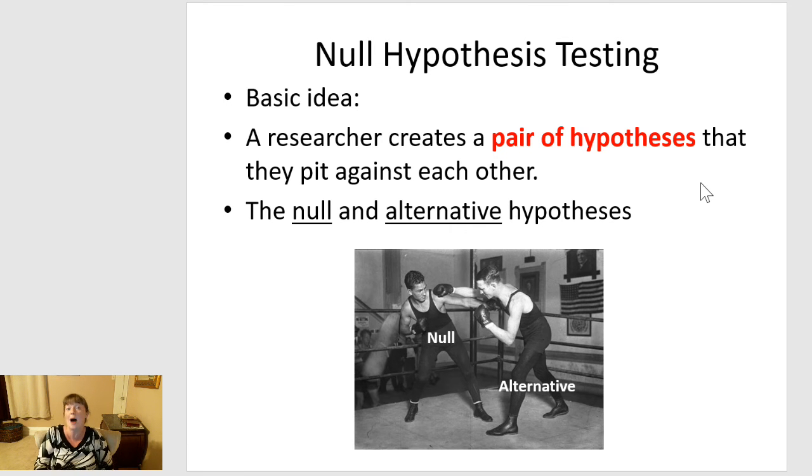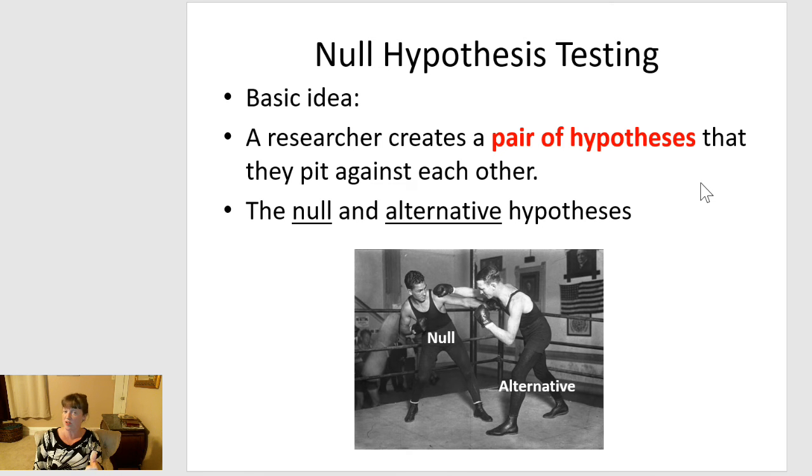You're testing the opposite of what you think is going on. And so your research hypothesis becomes the alternative, your awesome alternative to that boring null hypothesis that you're hoping to get rid of. But the bottom line is, whenever you ask any research question, you create two hypotheses.